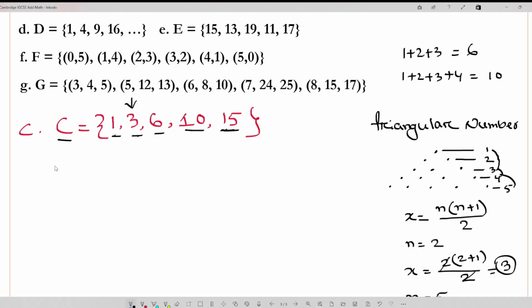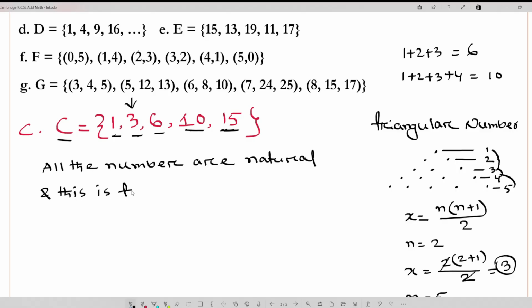So this one we can write like this: all the numbers are natural and this is triangular, or we can say these are triangular numbers.